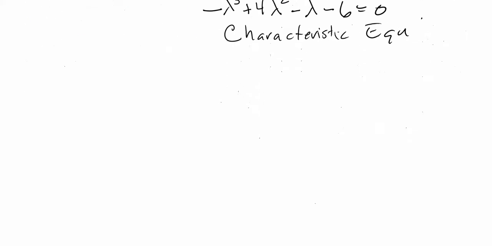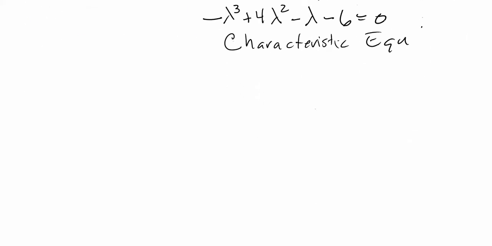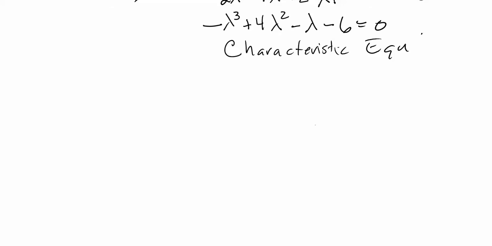And now it's time for us to find the roots of that equation so that we have the eigenvalues. Now to complete this task, it's useful if you've got a sense of what some of the roots might be, and this 6 there makes me suspicious that 3 or minus 3, and I'll try 3 first.